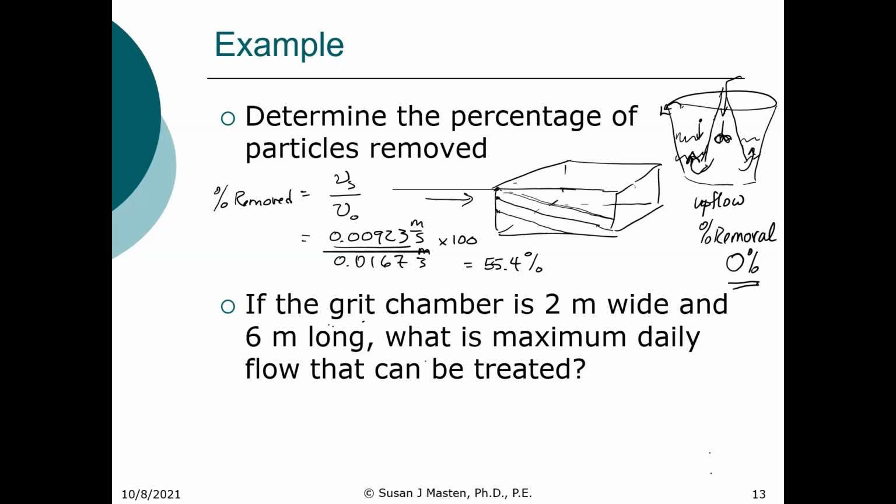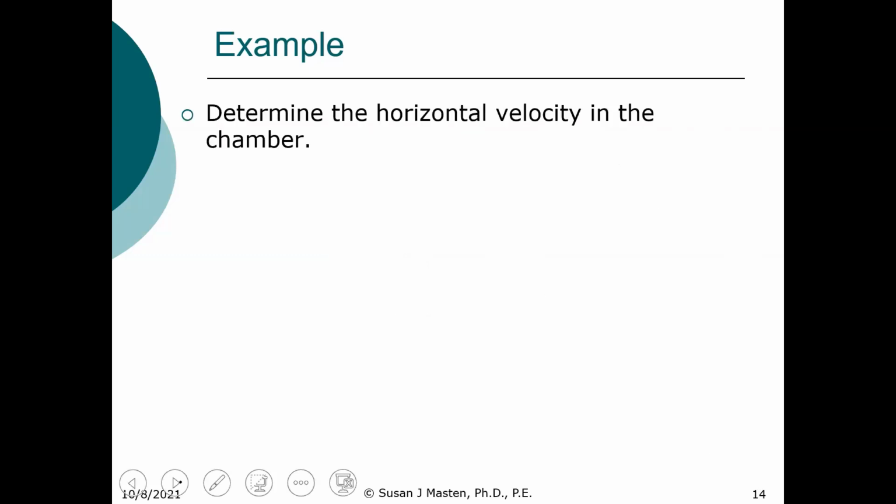I then asked you to calculate, if the grit chamber is 2 meters wide and 6 meters long, what is the maximum flow rate? The problem here is we actually need a horizontal velocity, so let's calculate that first. The horizontal velocity is Q divided by the cross-sectional area.